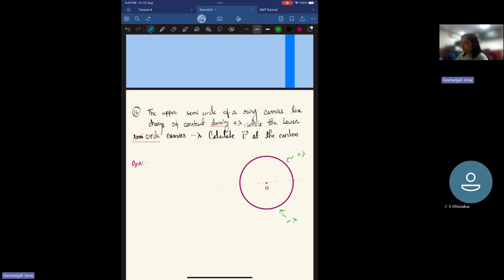Let us say at an angle theta we have a small length element which has charge dq, and the radius is R. Because of this small element, the field will be in this direction, right?